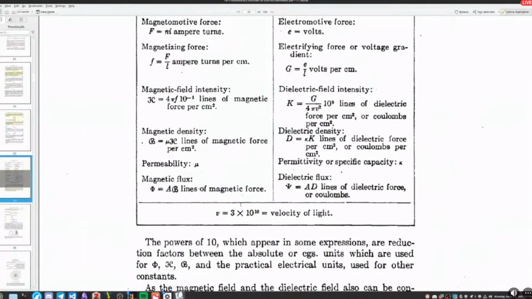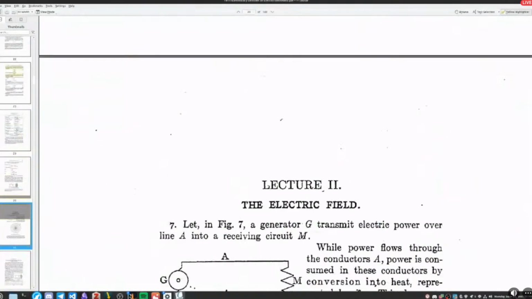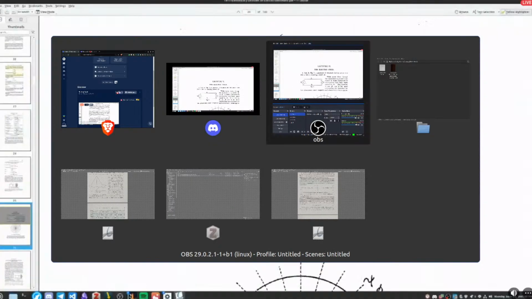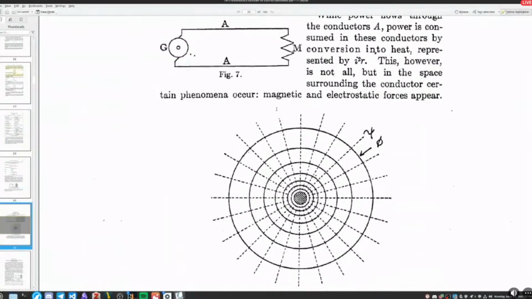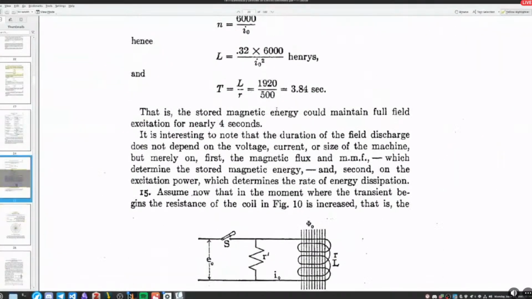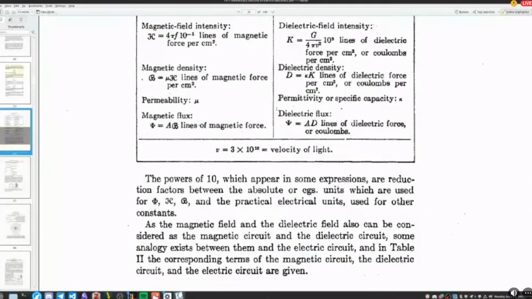Lecture 3. Keep going. Yeah, what does it look like on your end? Or yeah, are you on lecture 2 now? No, lecture 2 was where the diagram was.